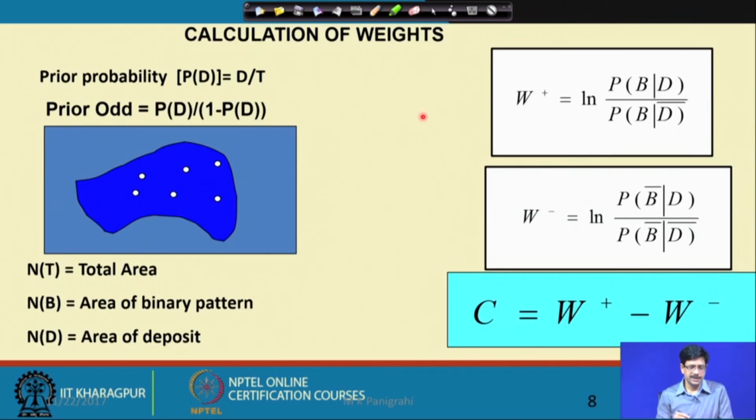This example gives, suppose this rectangular part shown here is the region, and out of this, this part is the study area, and in this study area suppose these white dots, 1, 2, 3, 4, 5, 6, these 6 dots are the points where the ore deposit is known to be present.